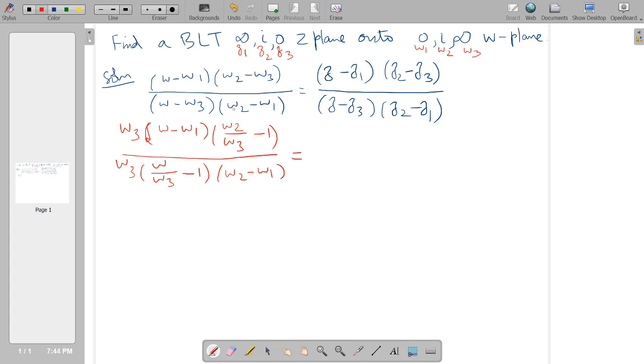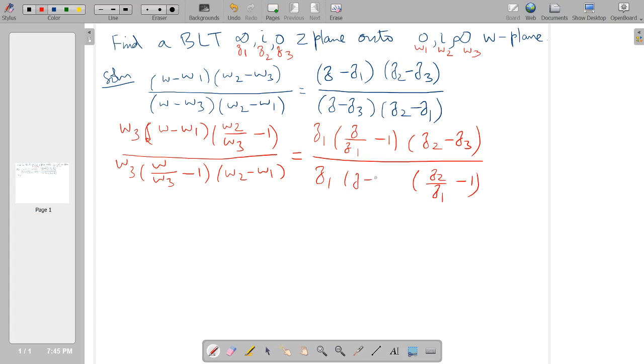And here Z1 is infinity, so I will remove Z1 as a common factor. I will have Z by Z1 minus 1. Z2 minus Z3 will be there by Z1 into Z2 by Z1 minus 1, and this Z minus Z3 is retained.